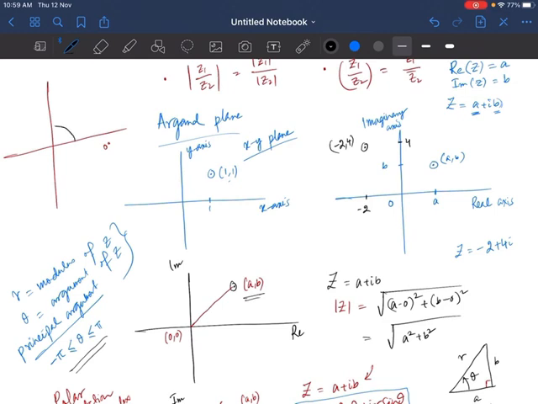From 0 to pi is this one, so this is my complete 0 to pi. Another one is 0 to minus pi, where I take the clockwise direction also. So one is 0 to pi and the other is 0 to minus pi. So the principal argument is minus pi to pi. Always we will try to find the principal argument rather than the other one, 0 to 2 pi.